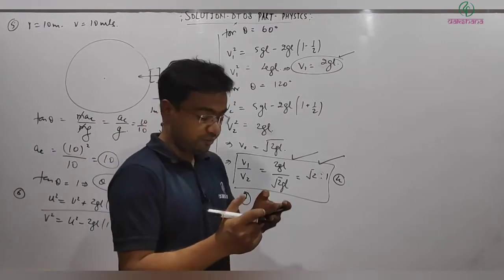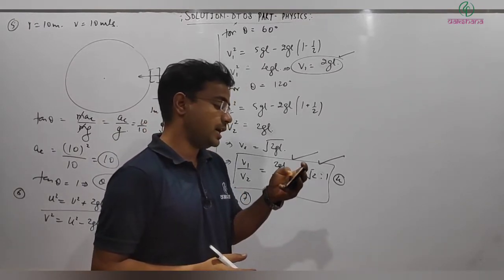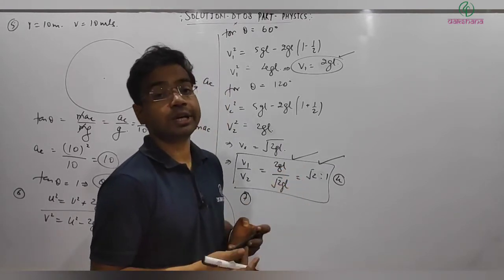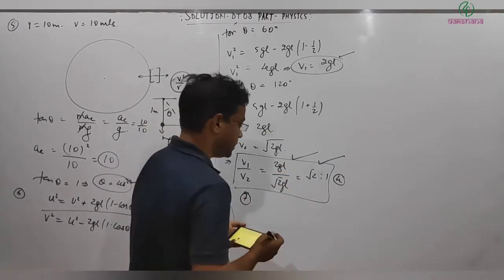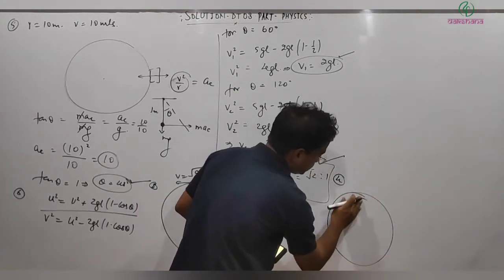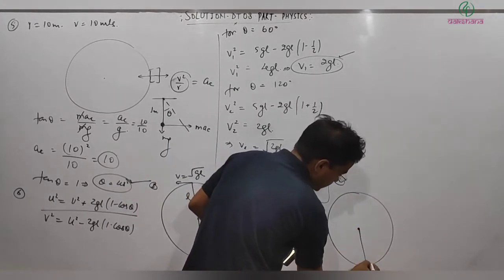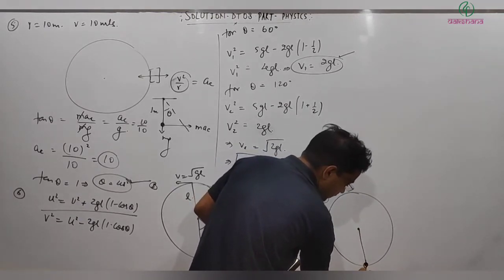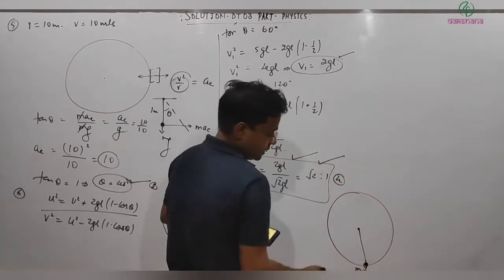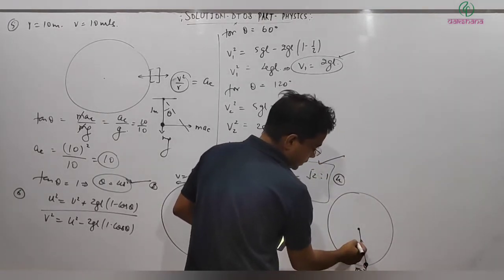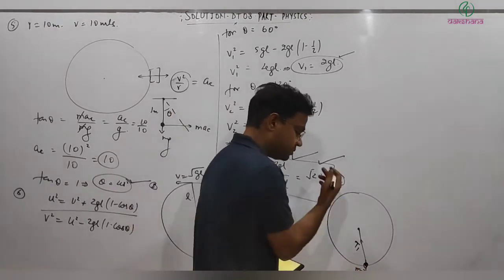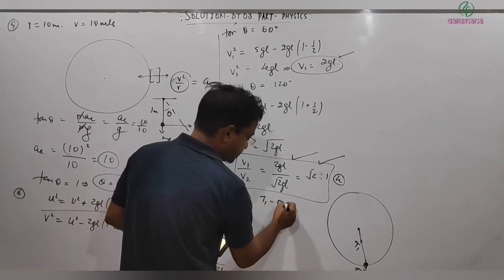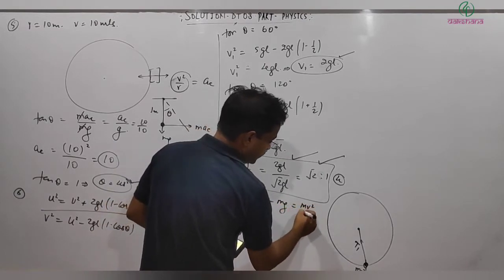A body of mass m is rotated at uniform speed along a vertical circle. Remember that it's clearly mentioned it's rotating at uniform speed in a vertical circle. So for a body rotated at uniform speed in a vertical circle, what will be happening, on this body downward force mg, and tension T1. Now centripetal force required must be towards the center, so I can write here T1 minus mg equal to mv square by r.